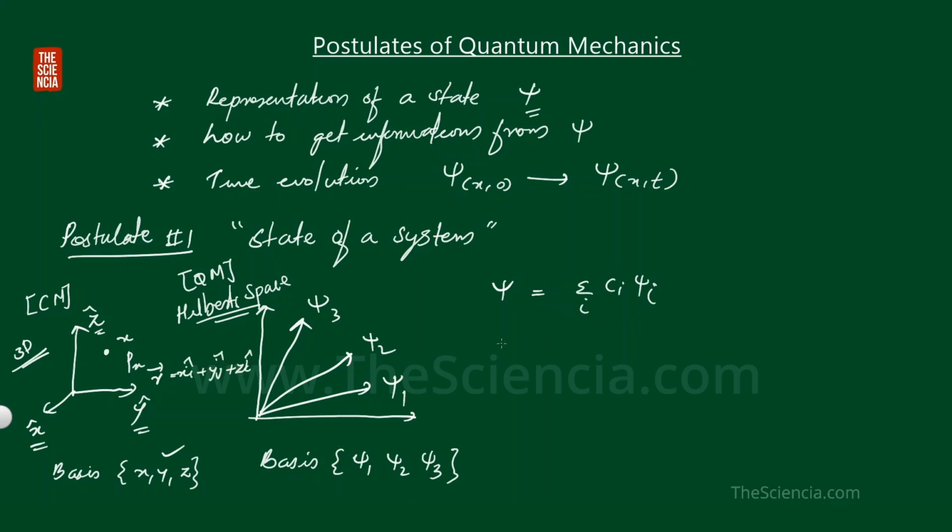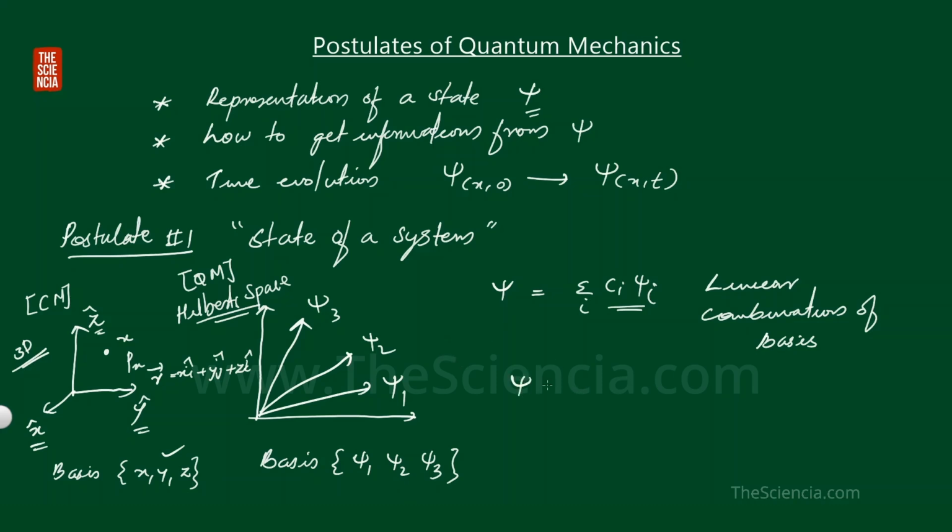Similarly, we can represent the state of a particle by using a linear combination of this basis. So the state of the system can be represented by a linear combination of this basis in Hilbert space.